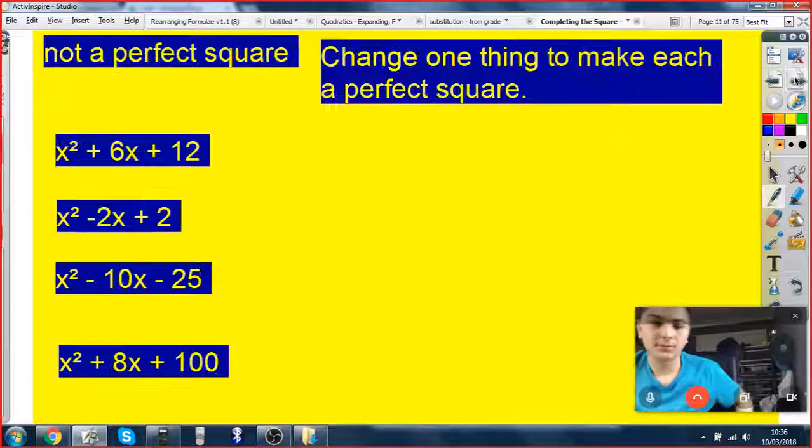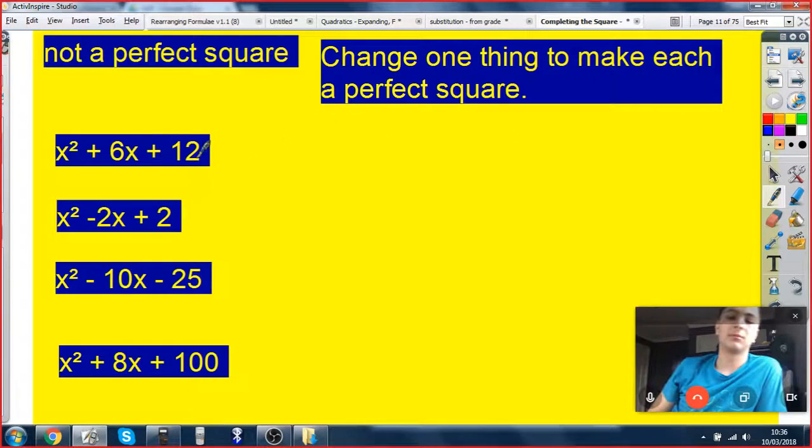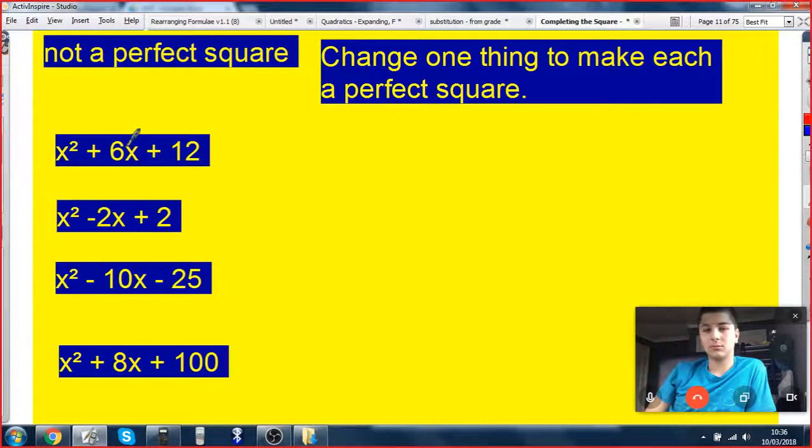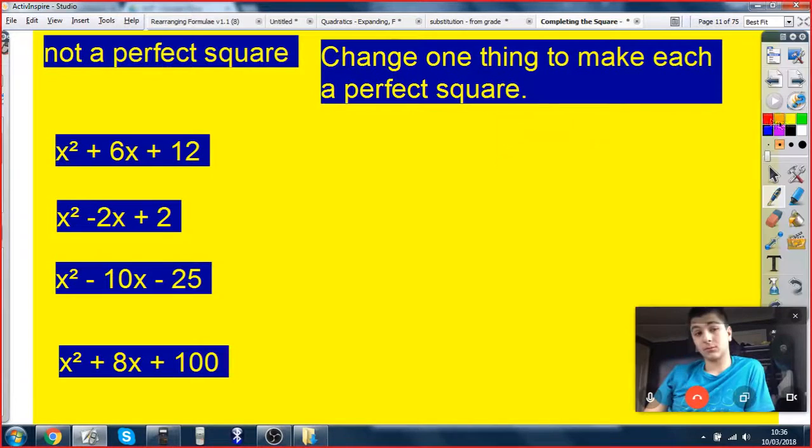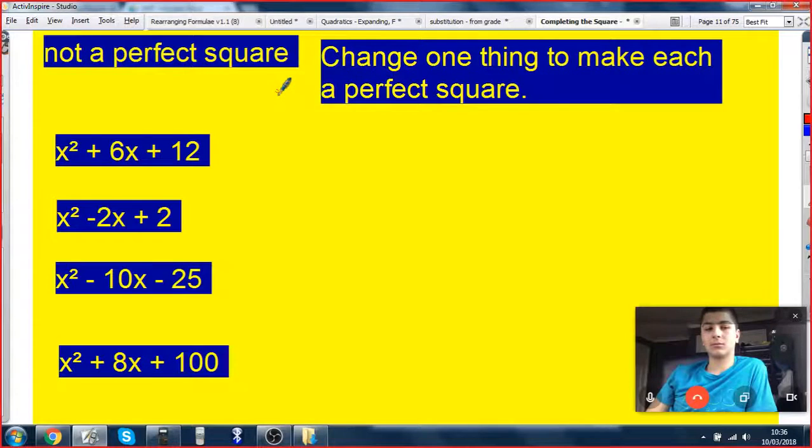Okay. So those perfect squares. What would you have to change? Change one thing to make this one a perfect square. Would you change that to x squared plus 7x plus 12? No. Half of 7 squared doesn't give you 12.